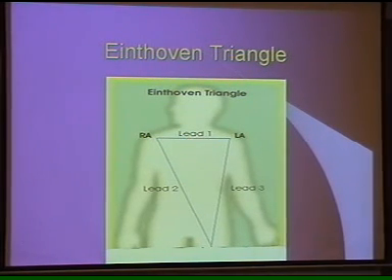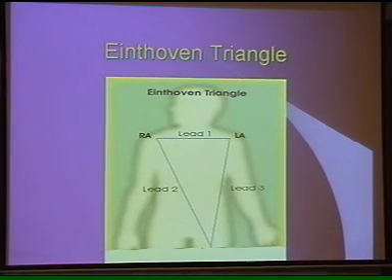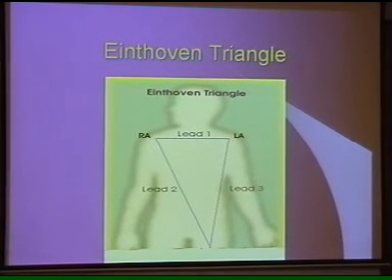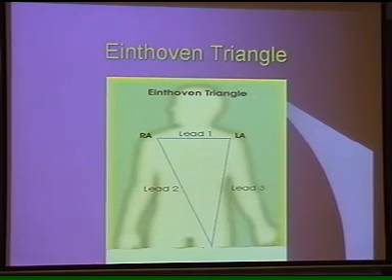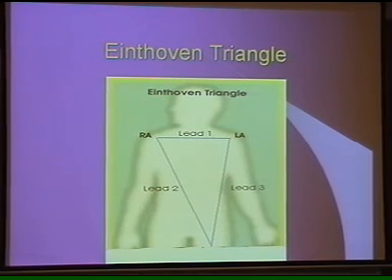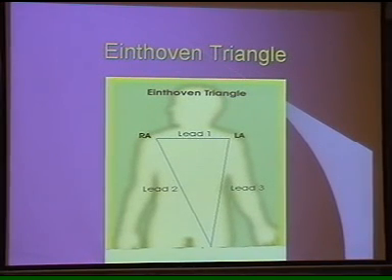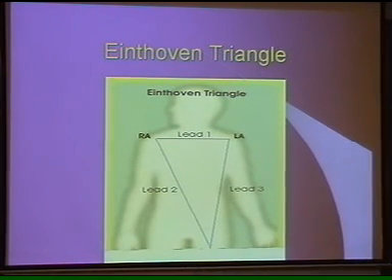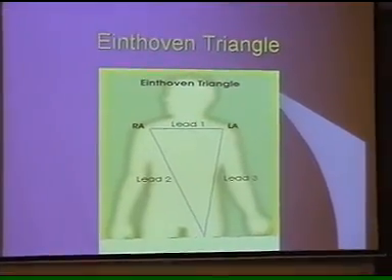Initially, he discovered the lead 1, 2, and 3 as the difference of electrical potential between the right and the left arm, between the right arm and the left leg or foot, and the third, the left arm and the left foot. Now, these were called the standard bipolar limb leads, and that is lead 1, 2, and 3.